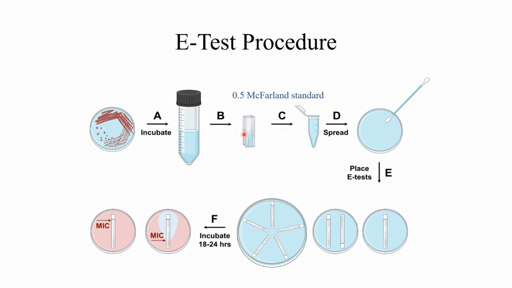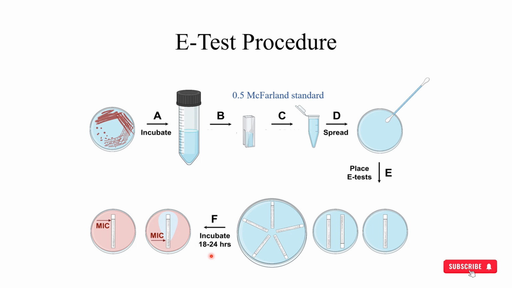After attaining the 0.5 McFarland standard turbidity, we will lawn culture the organism onto Mueller-Hinton agar. After lawn culture, we will apply the E-strip to the Mueller-Hinton agar. We can place a single strip or multiple strips depending upon our requirement, and after that we will incubate the medium containing the E-strip overnight or for 18 to 24 hours depending upon the organism.